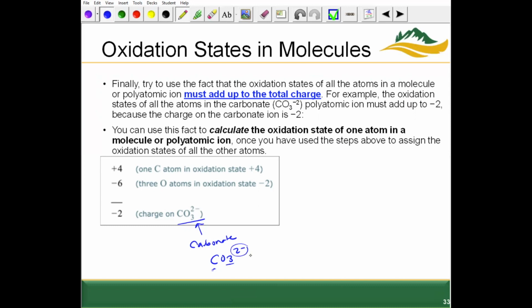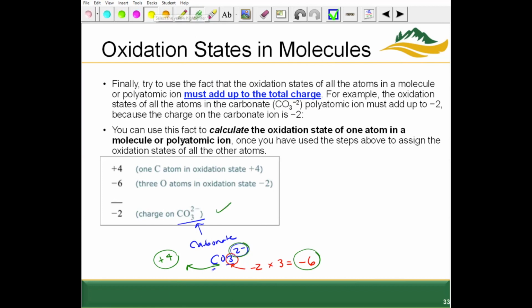Let's use our rules here. We know that oxygen is usually a -2 oxidation number. There are 3 of them. So -2 times 3, that is -6. Based on carbon's place on the periodic table, it prefers to form +4 ions. So we have 1 carbon, so +4 and -6 all add up to 2-.